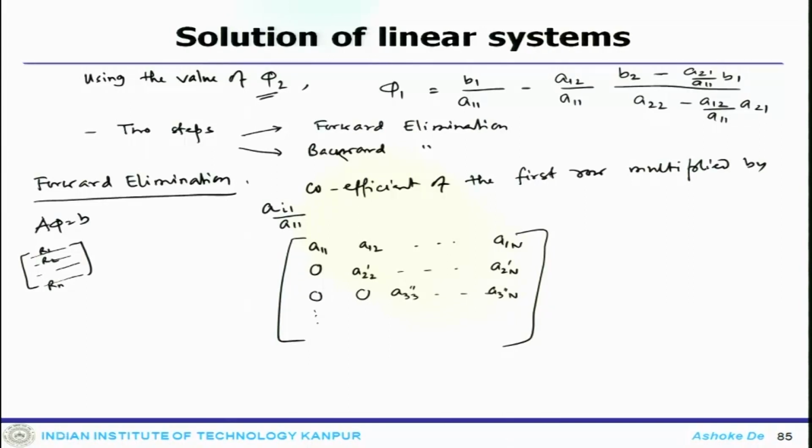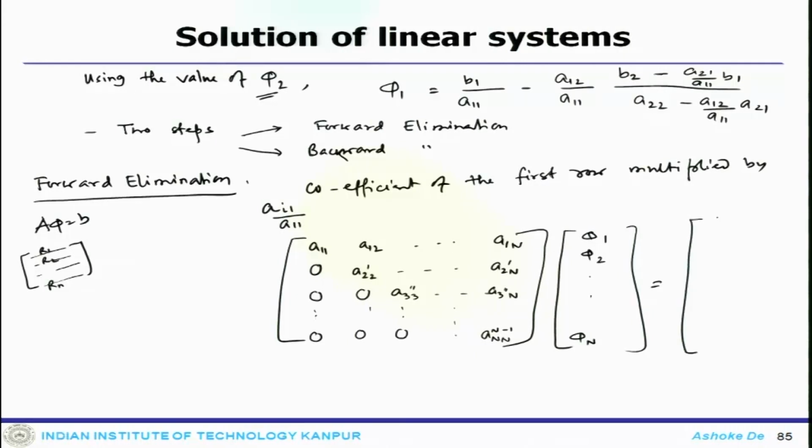If you keep on doing this, the entries below the diagonal will all be 0, and finally you get Ann superscript n minus 1. Here the variables are phi 1, phi 2 up to phi n, and your right hand side is also going to get modified: B1, B2 prime, and so on, up to Bn superscript n minus 1.